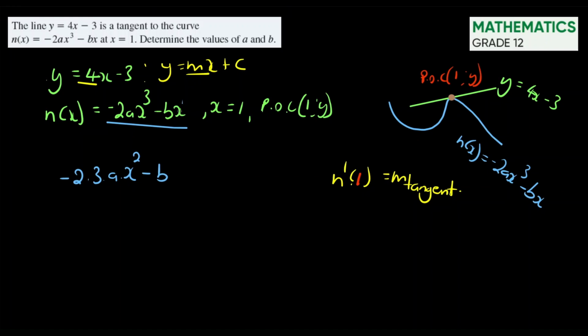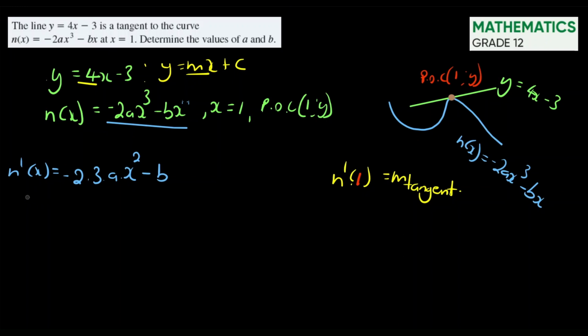If we drop the 1, then you have 1 minus 1, which is 0. Any number to the power of 0 is 1. So we'd just be left with b. And this is the derivative of n of x, the first derivative of n of x.